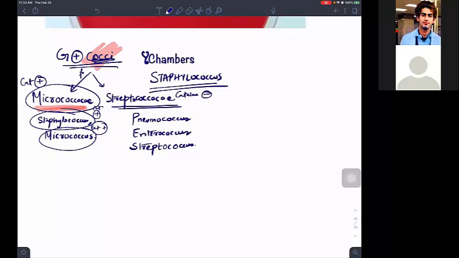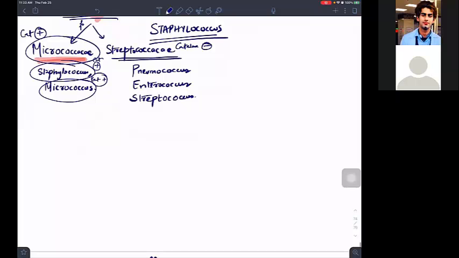Now, what is the difference between them in their morphology? I want to discuss their morphology here. If you gram stain Staphylococcus, you will get what?